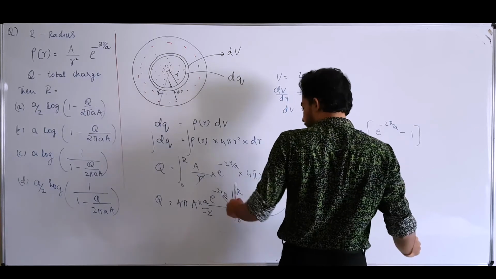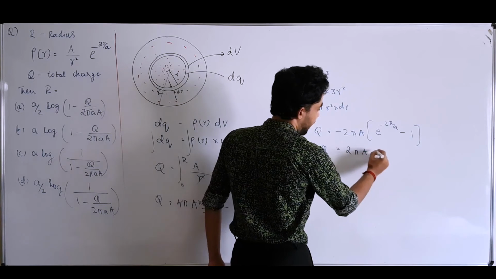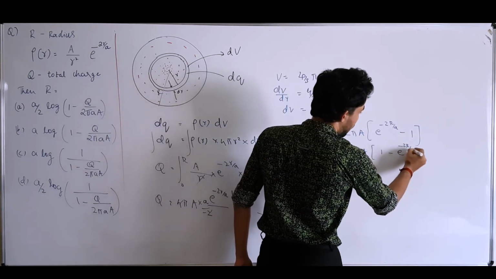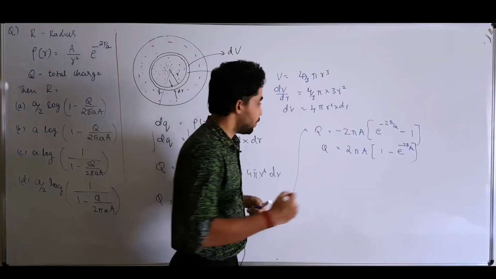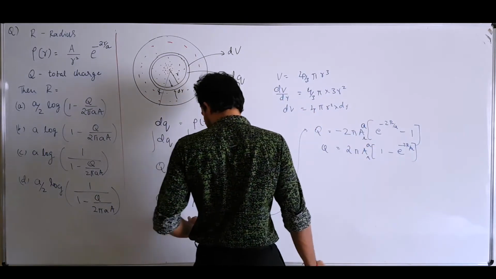E raised to 0 will be 1. Or if I want, I can write this as 2 pi A a, taking the minus inside, into 1 minus e raised to minus 2R by a. Sorry, I missed out an a here. There's a small letter a over here.